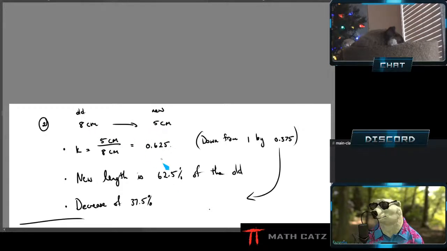Or you can just focus on the decrease specifically. It's down from 1 by 0.375. The old length decreased by 37.5%. All the same thing, expressing it in different words.